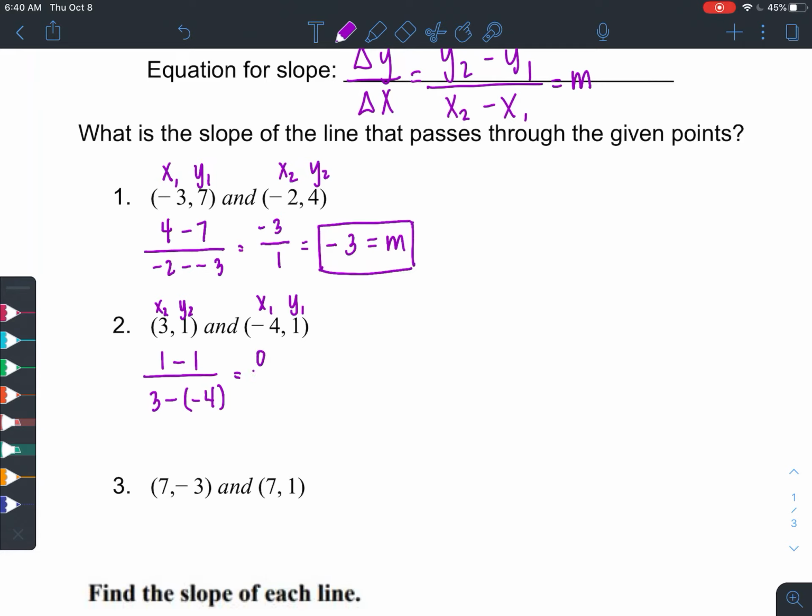So we've got 0 over 7, so 0 is equal to m. That means we're going to have a slope that is a flat line.